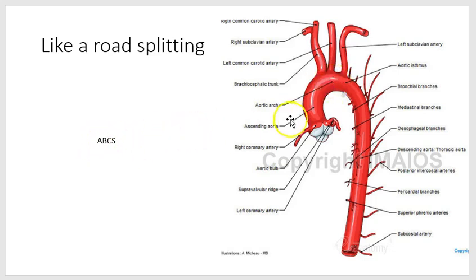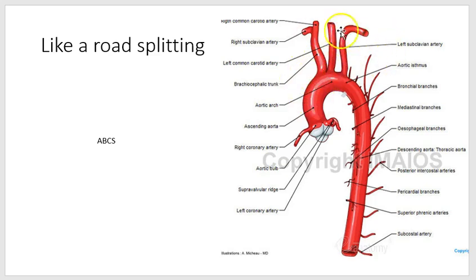And you can remember off of this aortic arch, the first 3 splits are going to be your ABCs. So the first one is your aorta, your aortic arch, that's your A. Your B is going to be your brachiocephalic, that is going to go into your right common carotid and your right subclavian. Your C is your left common carotid, and then your S is going to be your left subclavian.